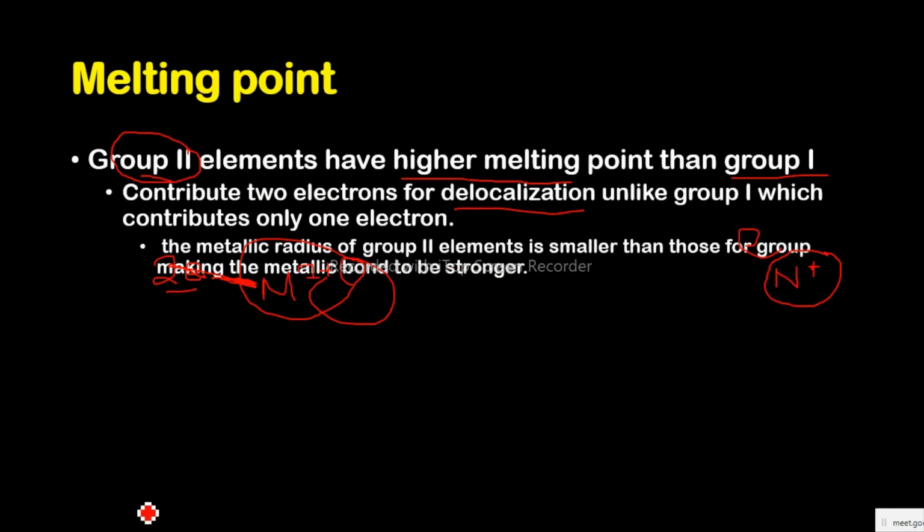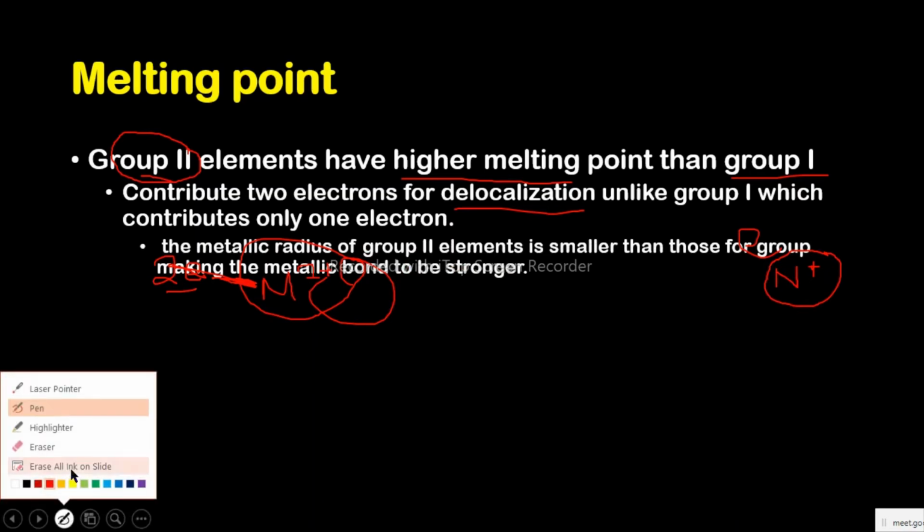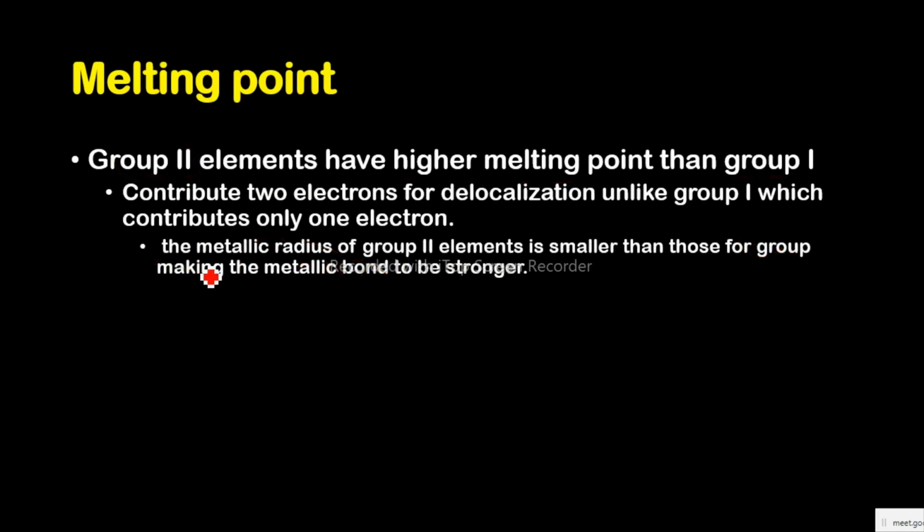So basically that's what I've talked about. To repeat, the metallic radius of group 2 elements is smaller than those of group 1, making the metallic bond stronger.